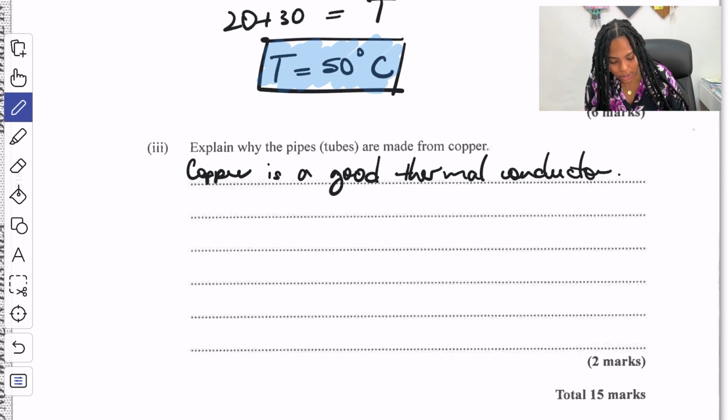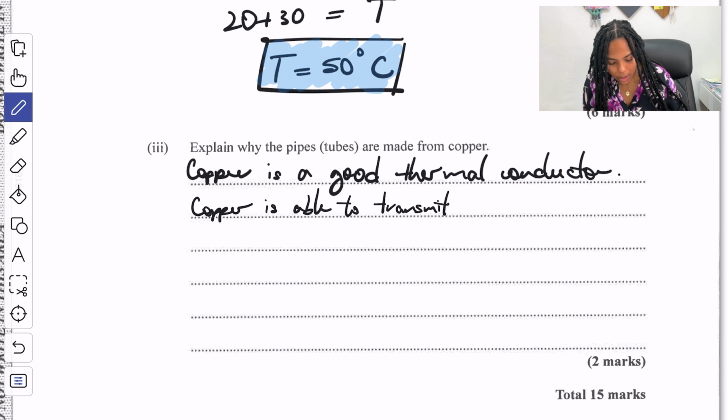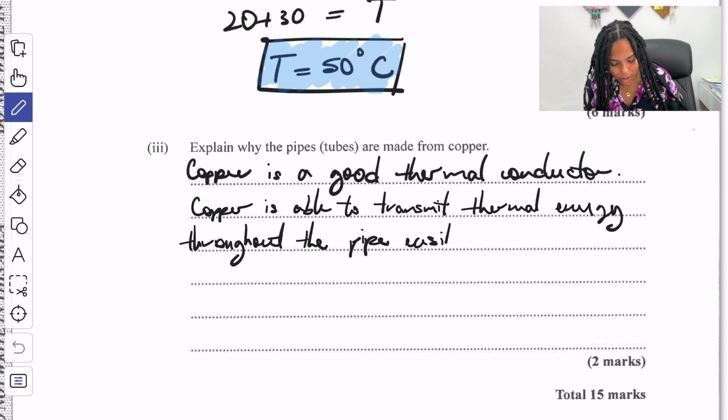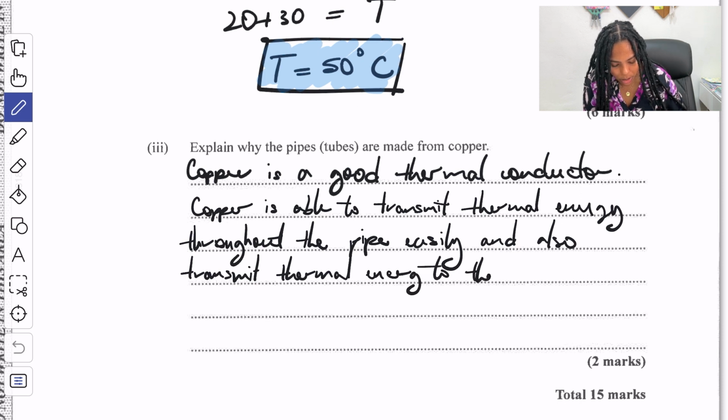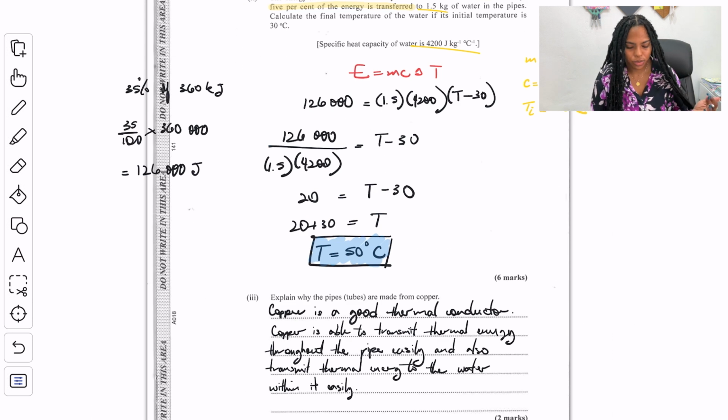So I would go on to say that copper is able to transmit thermal energy throughout the pipe easily, and also transmit thermal energy to the water within it easily. So anything kind of along those lines.